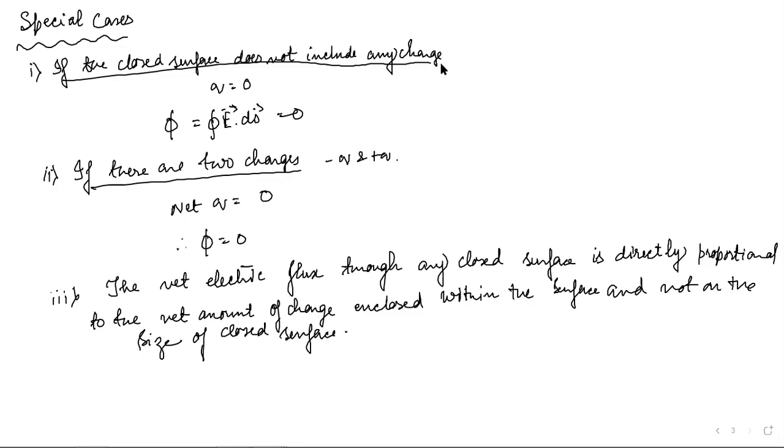So this point is very important for us to understand, that the electric flux through any closed surface is independent of the size of the surface. It does not depend on the size of the surface.